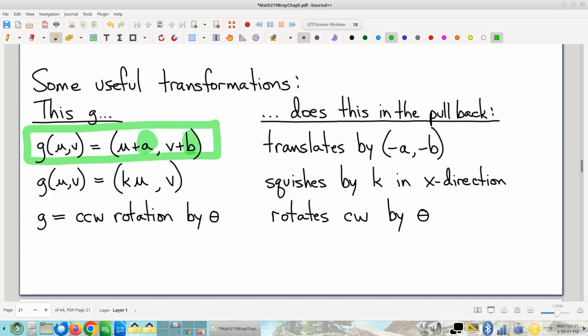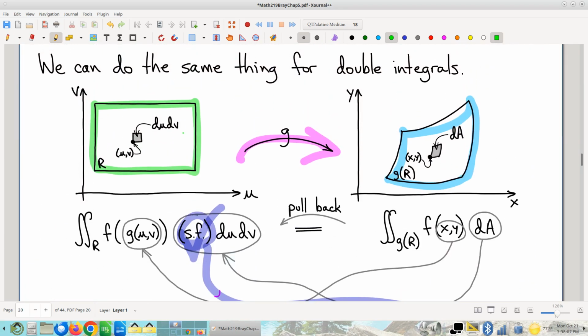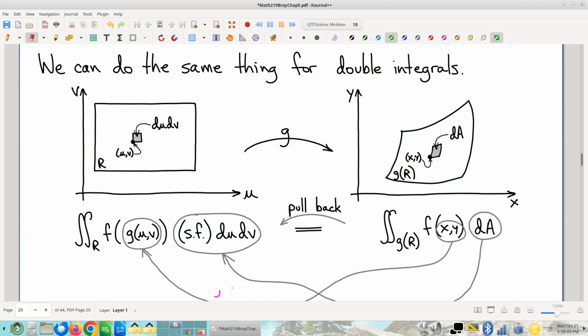You've got to keep in mind, change of variables functions go that way. But we're ultimately pulling back. We're ultimately going the other way. So if this g function adds a certain vector, going the other direction will effectively subtract that back off.